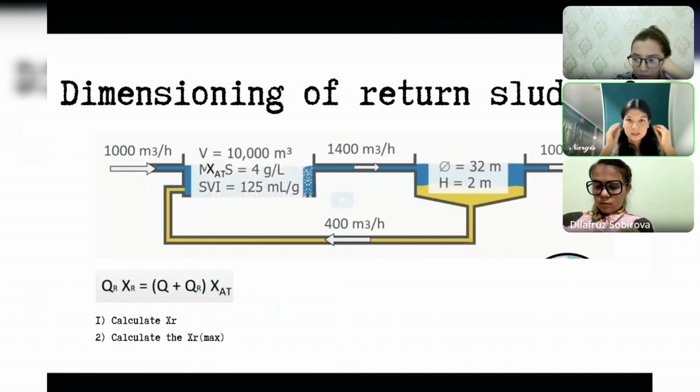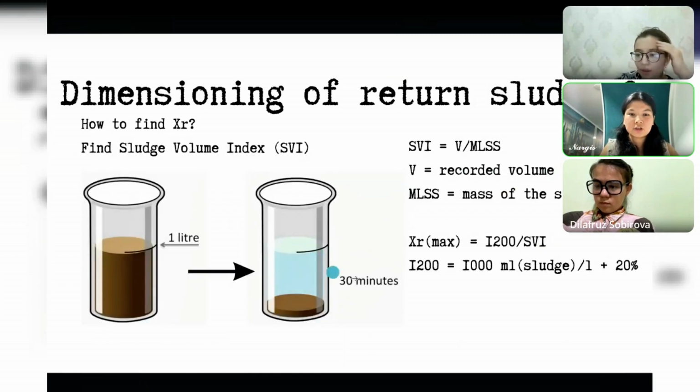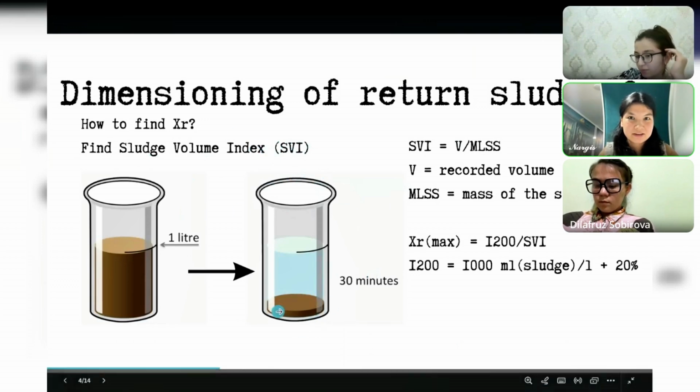So now it means that the concentration of bacteria in the return flow is 14 grams per liter. However, we should check whether it is feasible, whether it is a real number. If you remember last lecture, I showed you something about the sludge volume index, meaning the maximum packaging of bacteria, right?